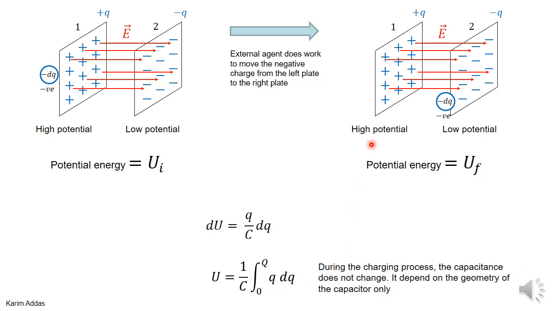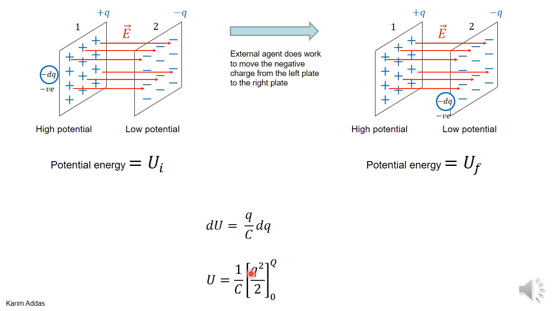Well, the geometry of the capacitor hasn't changed during the charging process, and the only thing that changes the capacitance of the device is a change in geometry. So the area and the distance between the plates stay the same. The capacitance is a constant during the charging process, so you can take it outside of the integration. You're left with the integration of Q dq.